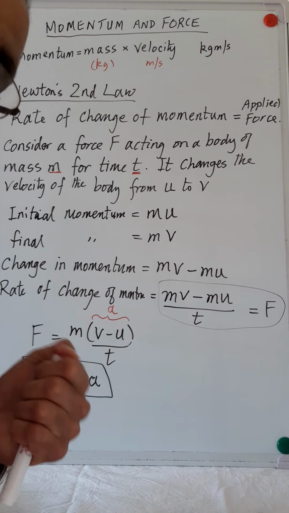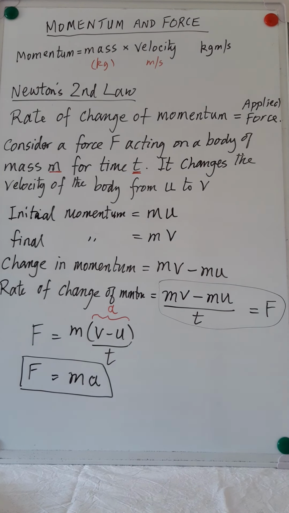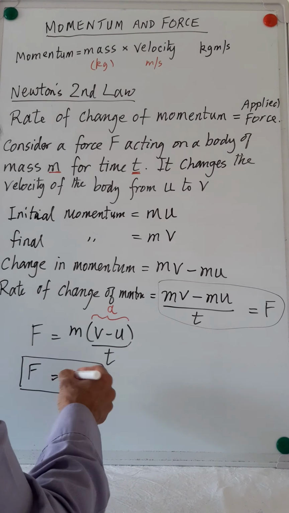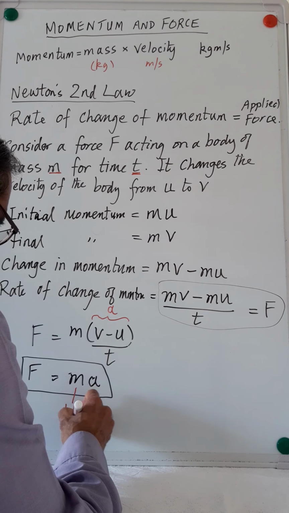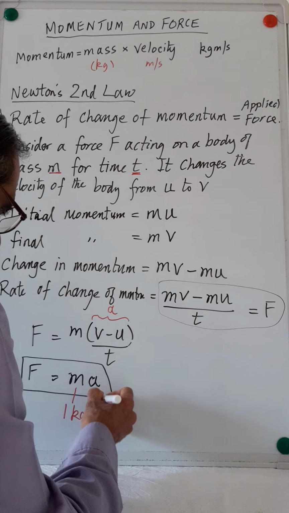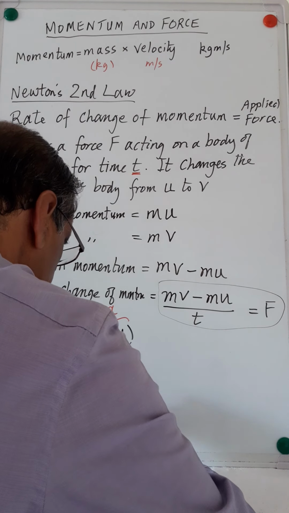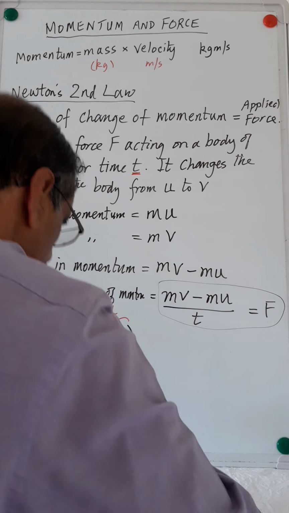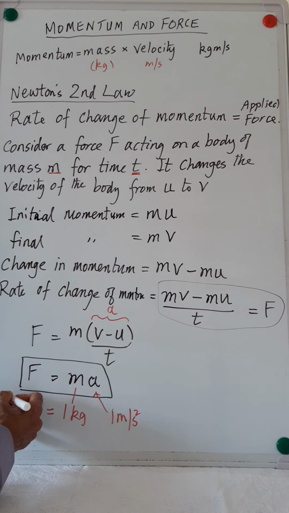Okay, and this is the equation that gives us the definition of the Newton. Force is measured in Newtons. If the mass is 1 kilogram and the acceleration is 1 meter per second squared, then the force will be 1 Newton.